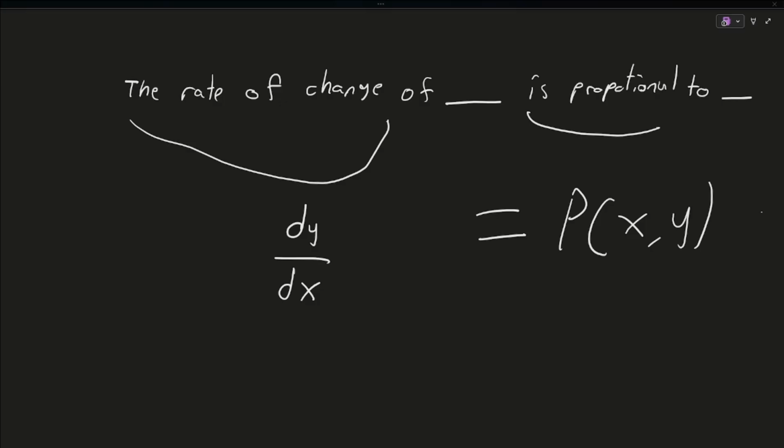The rate of change obviously means the derivative, the slope of a function at a point. So we will have this rate of change in derivative form, and we will set that equal to, because it's in proportion to, a function we are given. It could be a function of x, a function of y, or both. It doesn't really matter.